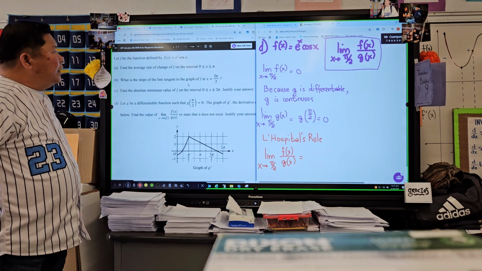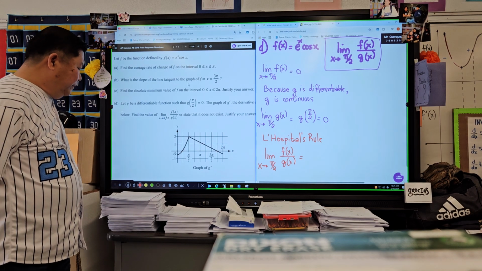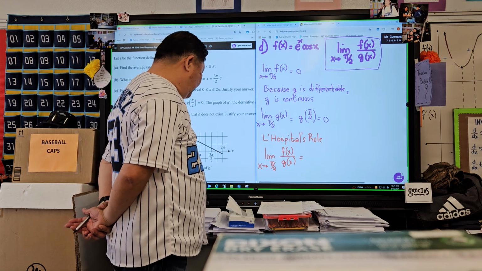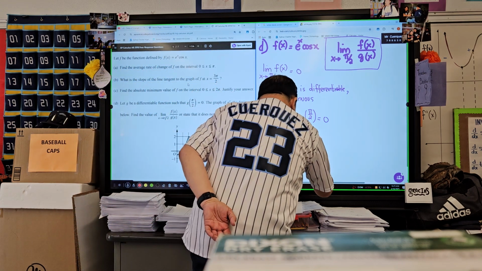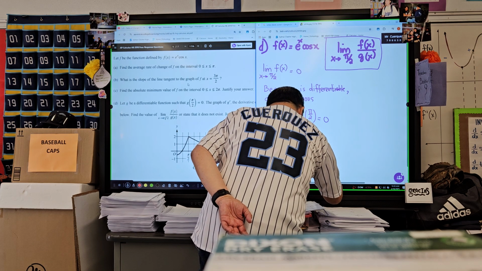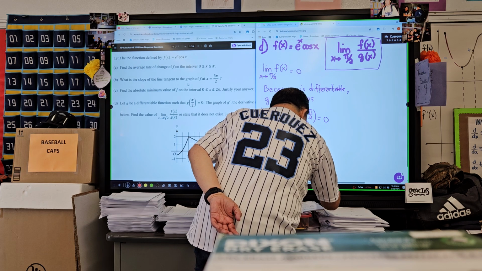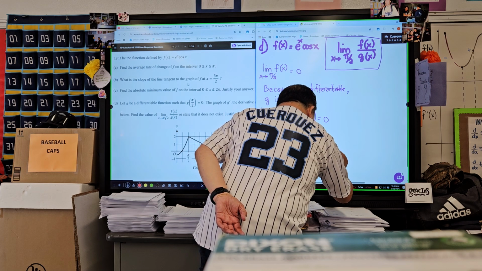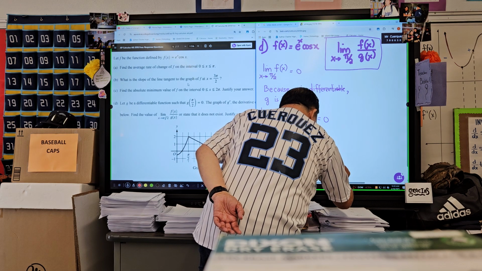What is the derivative? That means this is just the same as the limit of f prime of x over g prime of x.